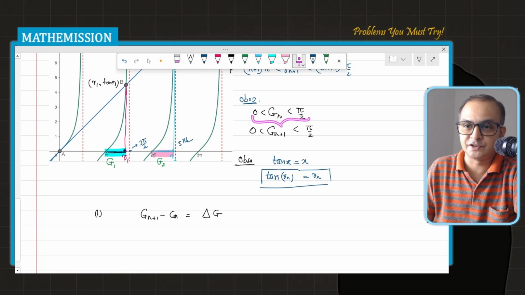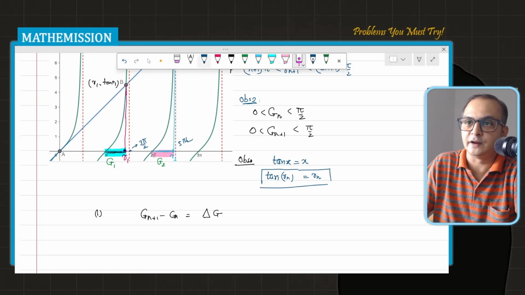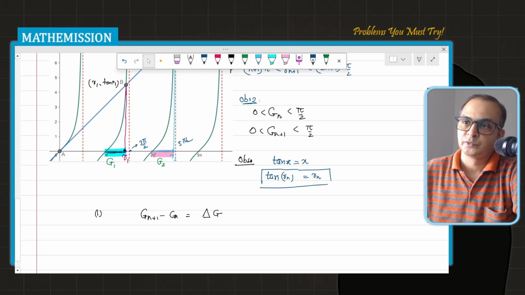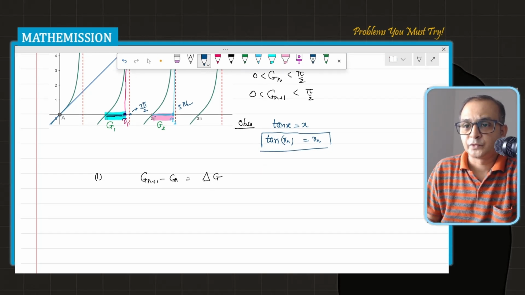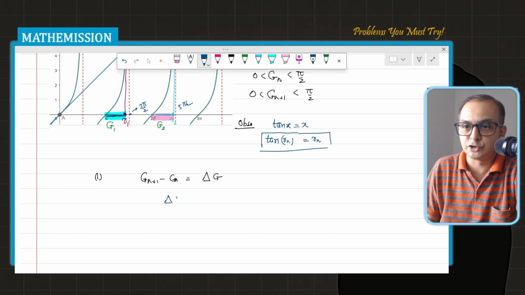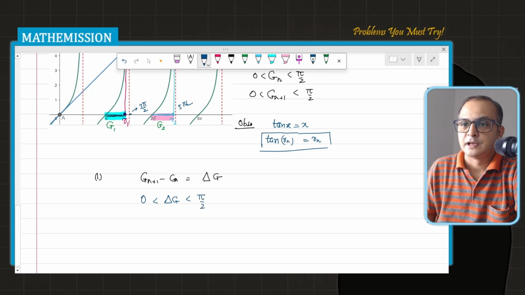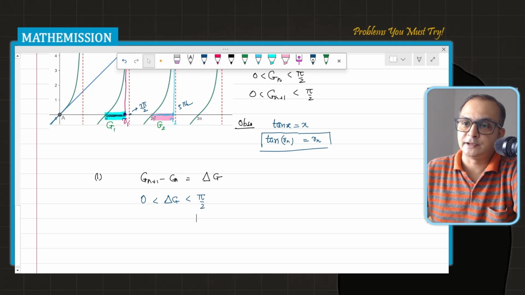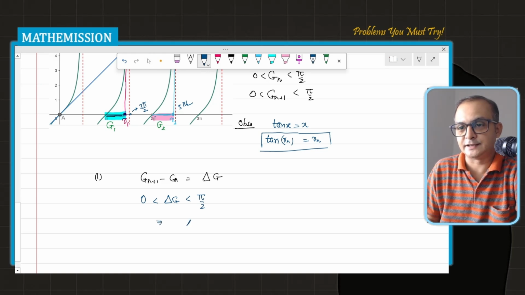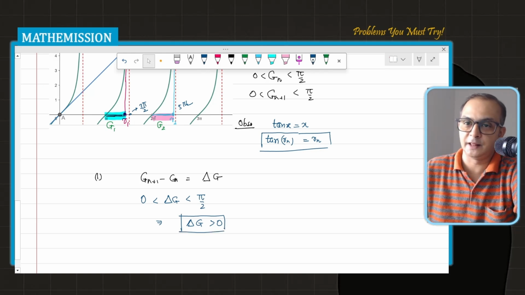So from observation 2 I can safely say delta g is greater than 0. That is the first inequality we have proved, the left one.